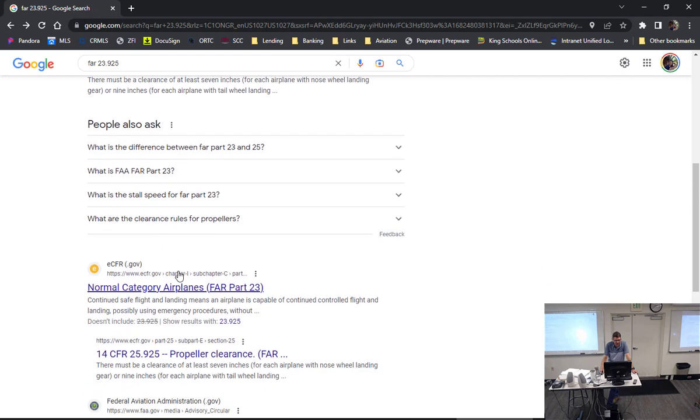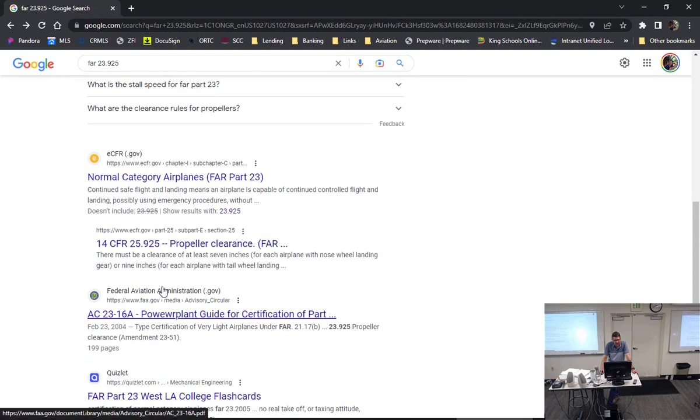Here we go. This is where I normally go for my FARs. Oops, that's 25.925. It's not going to work. School thinks I'm looking at porn.